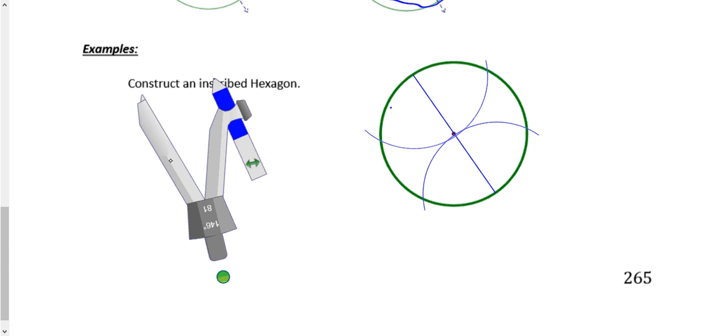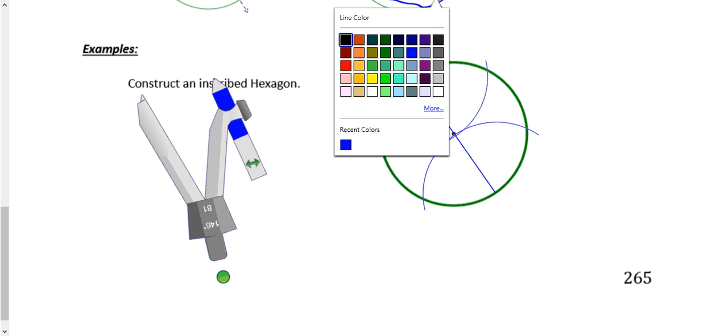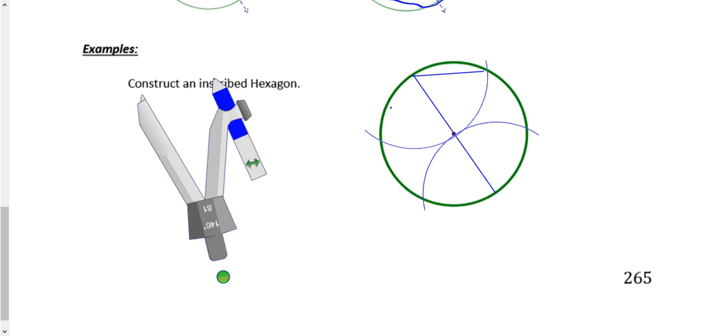And now I just take my straight edge and connect those dots. So how do they look? About like what I have here?